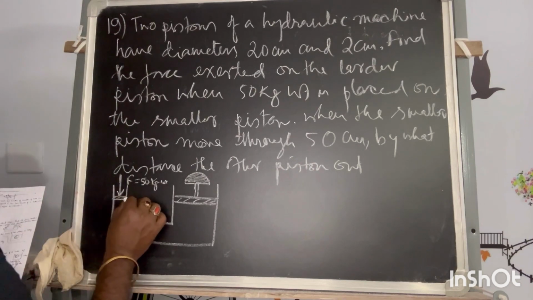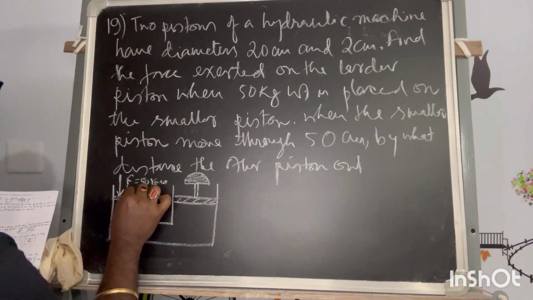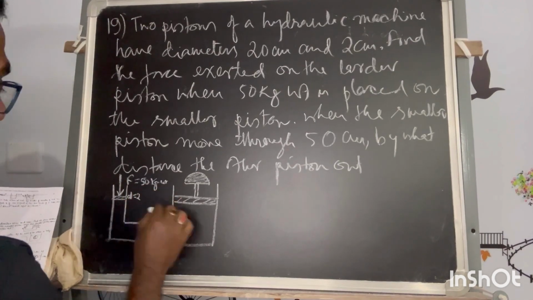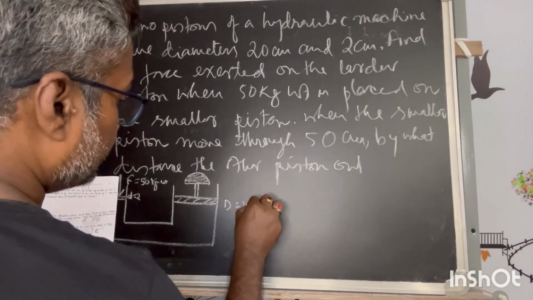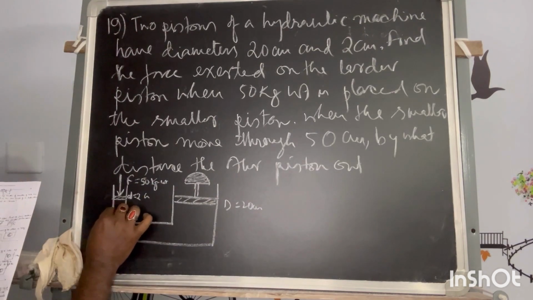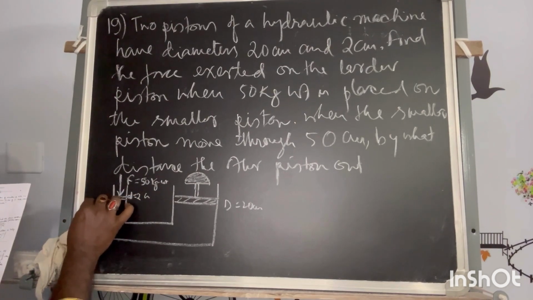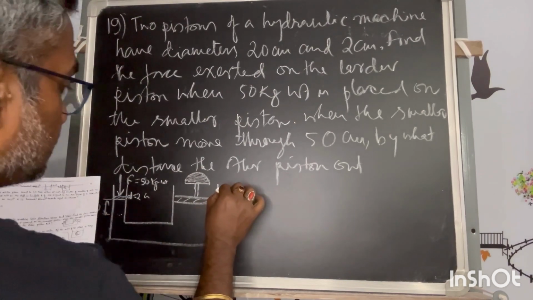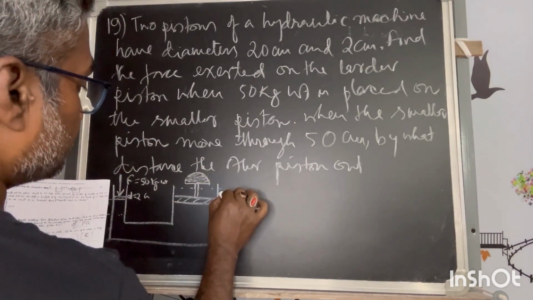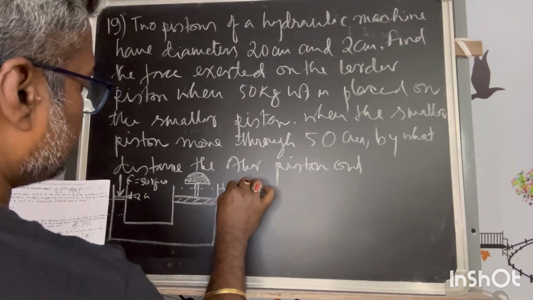The diameter of it, small d, is 2 and capital D is 20 centimeter. The smaller one will move for 50 centimeter, and the bigger one will move by, let's say, h.